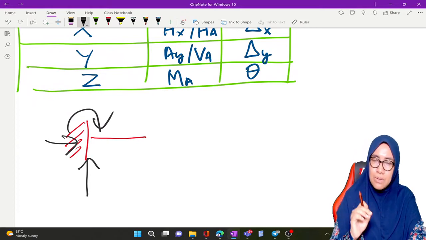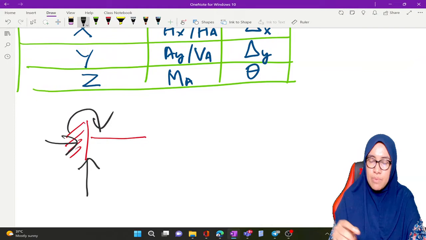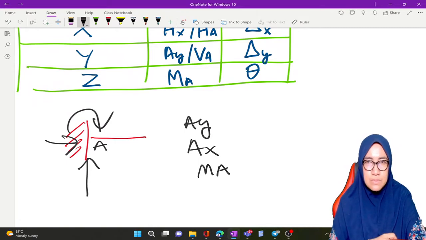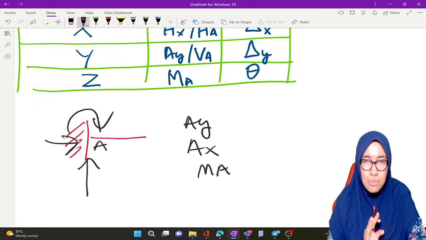So what happened? Represent reaction at the support means, if this is A, represent AY, AX, and moment at A, when it is fixed.